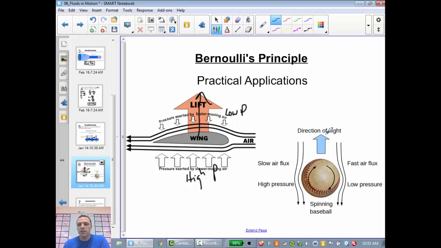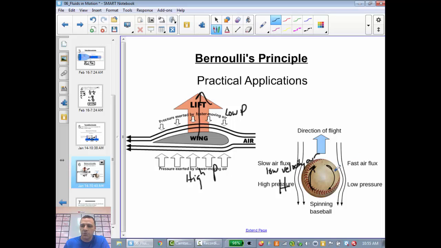The other practical example of this is if you've ever seen a baseball game or a ball in any sport, curving objects usually have a spin to it. And what happens with that spin is that when the object spins, it runs into the air and it slows the air down on the side that is spinning into the air. So this is a low velocity of air, which means it's a high pressure.